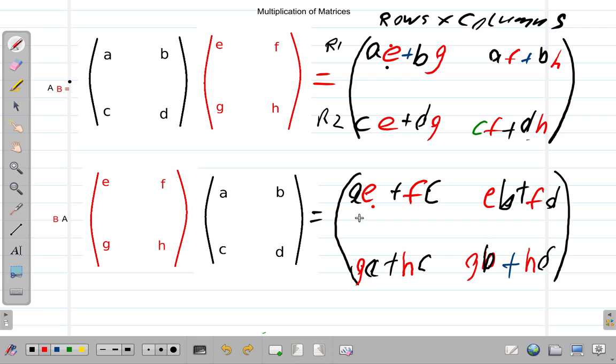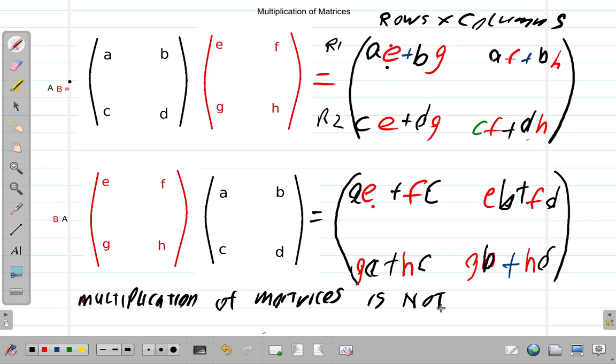It tells you that multiplication of matrices is not commutative. Alright? So the multiplication of matrices is not commutative.